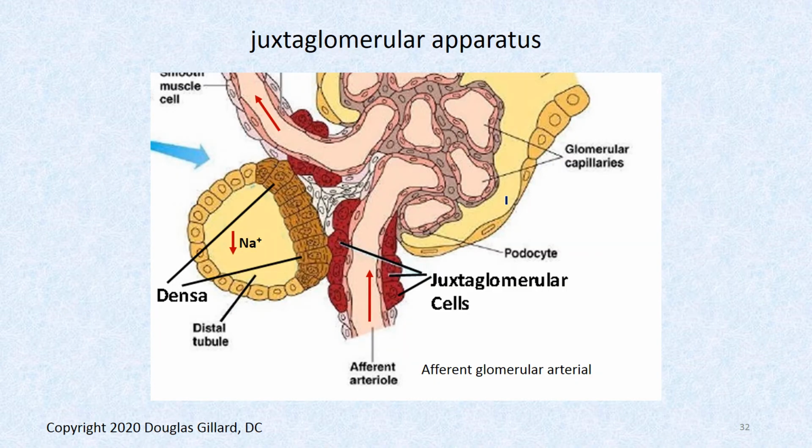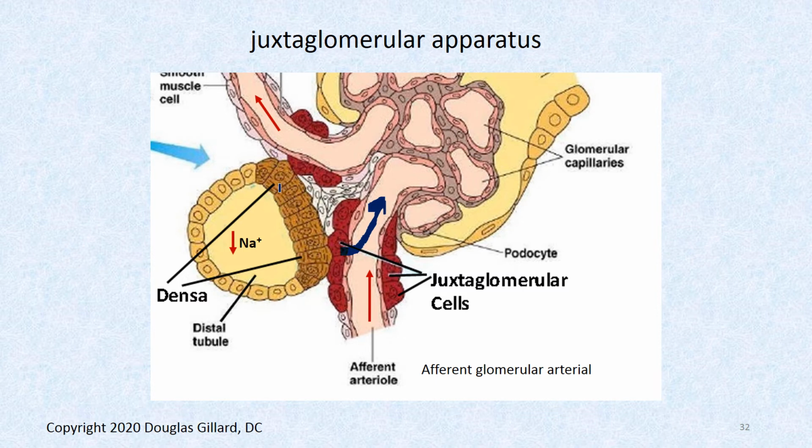We won't worry about the mechanism, but it elbows through mechanisms that are still not completely understood. It elbows these juxtaglomerular cells and says, hey, we got a problem here. The sodium levels are really, really low, and we need the conveyor belt sped up. So it tells its buddy to release renin into the bloodstream. Its buddy are the juxtaglomerular cells.